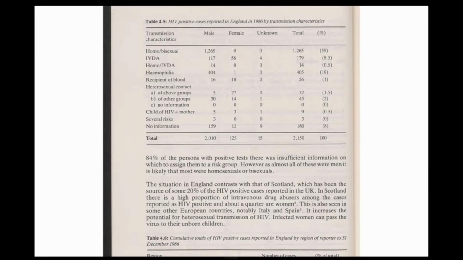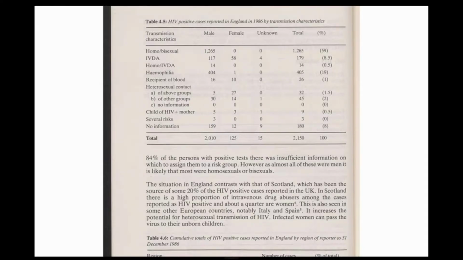And we can see that there were 405 people with haemophilia who were HIV positive that year, and 26 recipients of blood. So that's the 1986 annual report.